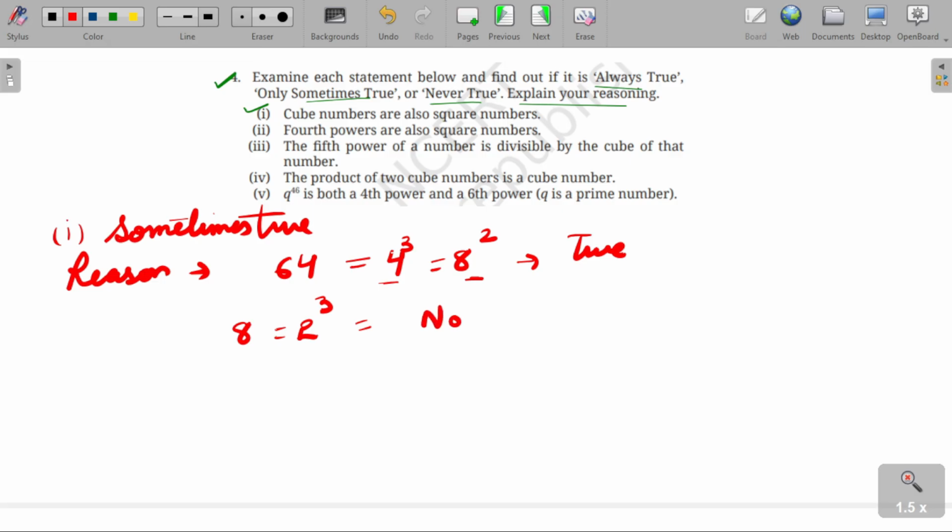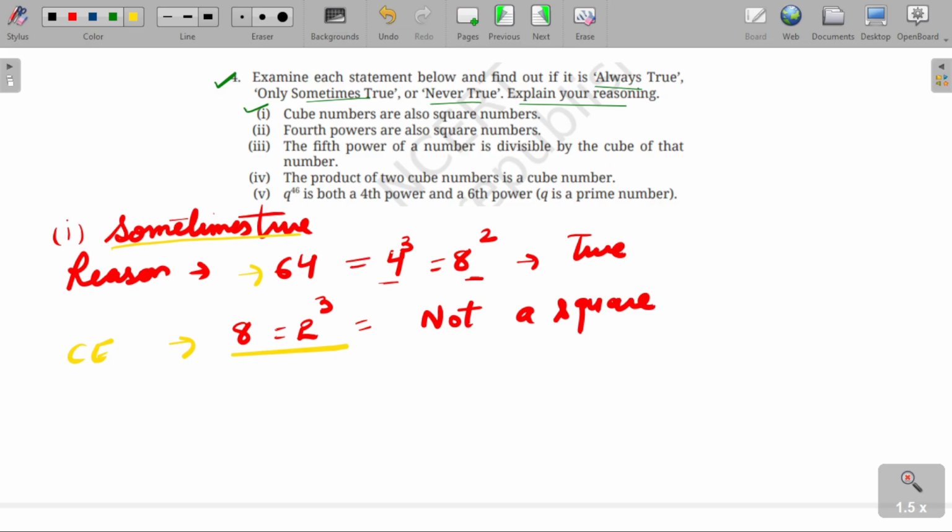It is not a square. So this makes the result hold sometimes true. This is a counter example, CE, counter example. This is failing this statement. So this is clear, right?